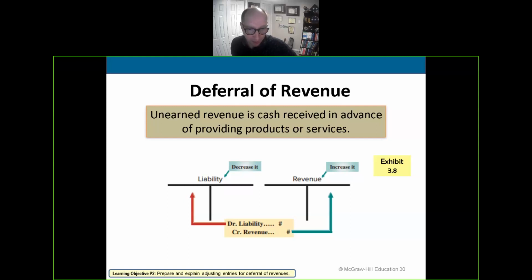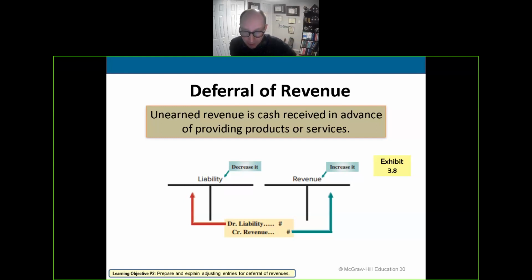I need to recognize that that is a liability to me. The reason why it's a liability is because when a customer pays you before the good or the service is provided, it is unearned. When it's unearned, it's a liability.